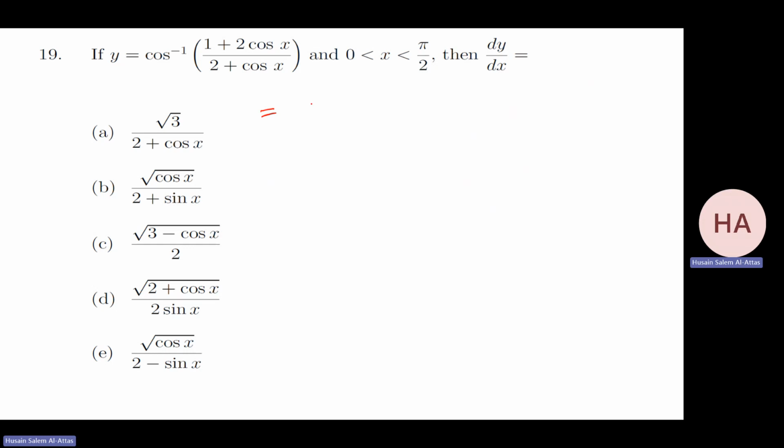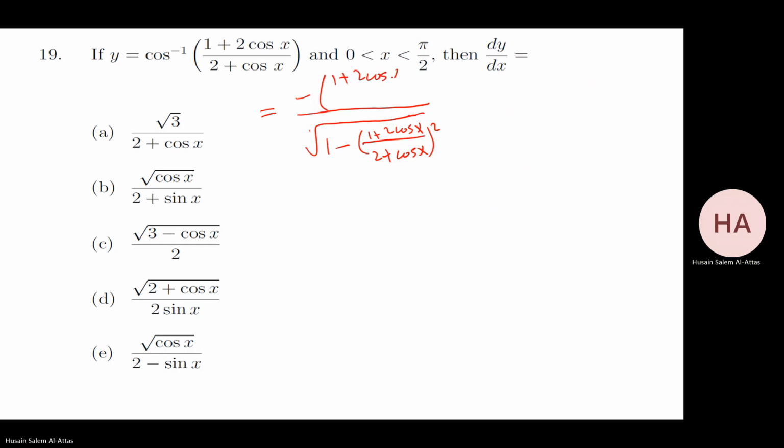That will be minus 1 over square root of 1 minus this square, times the derivative of this. Let us see what will happen. Yeah, the derivative of the numerator. Don't forget the minus sign.